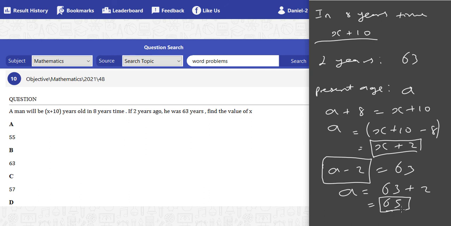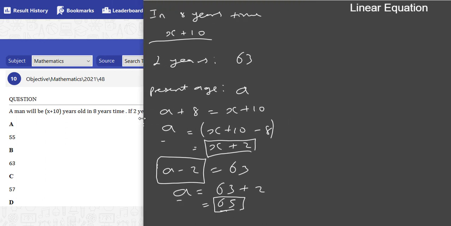So how do we get x? We can get x since we have this present age in terms of this and this. They definitely will be equal, because if the man's present age is x plus 2 and his present age is 65, definitely these two terms are the same. So all you simply do is equate the two representations of his age and you'll be fine.